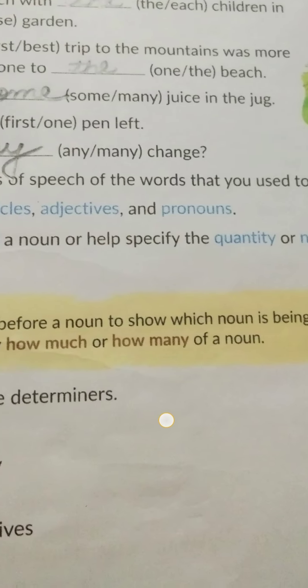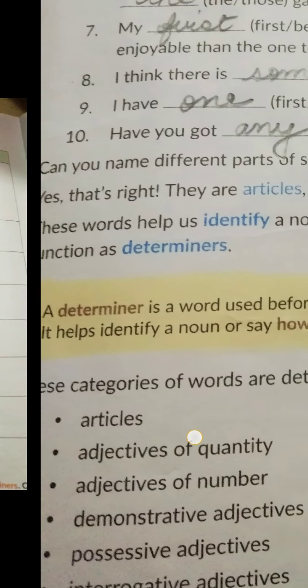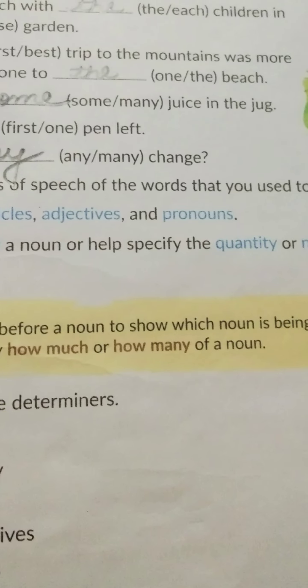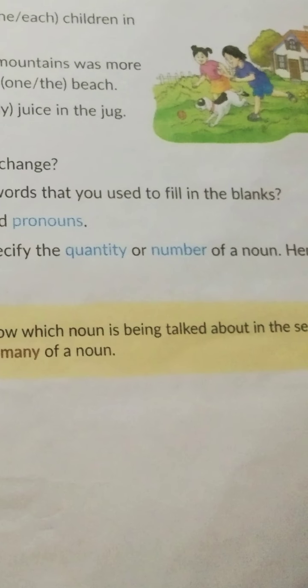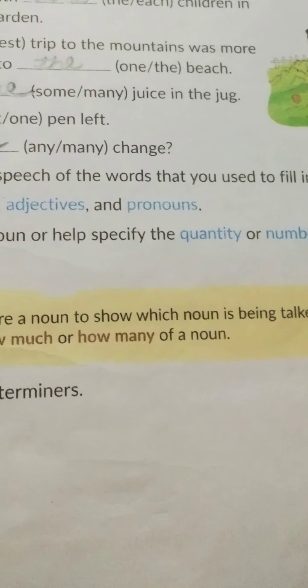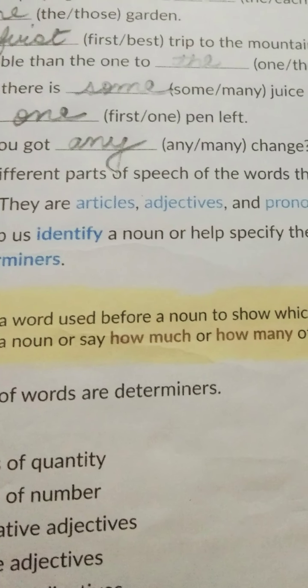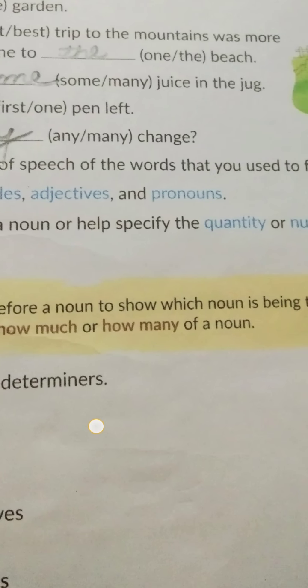So what is a determiner? Here's the definition: a determiner is a word used before a noun to show which noun is being talked about in a sentence. It helps to identify a noun or say how much or how many of a noun.